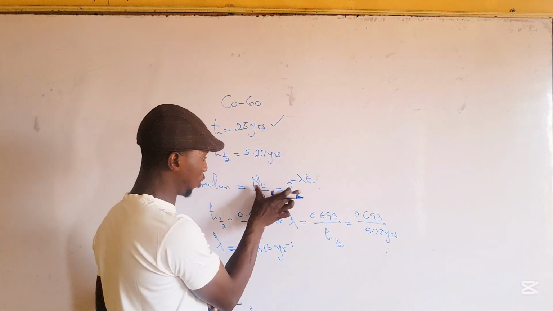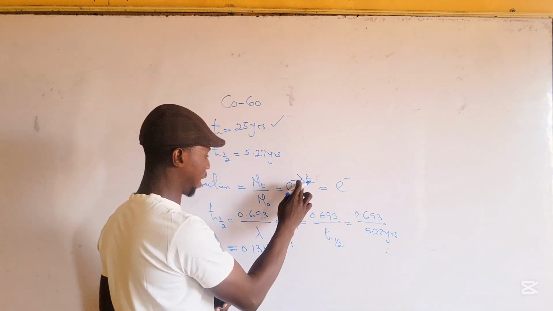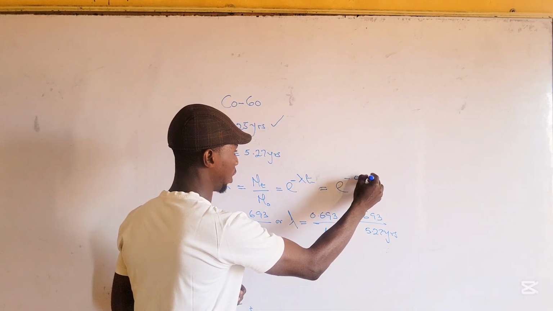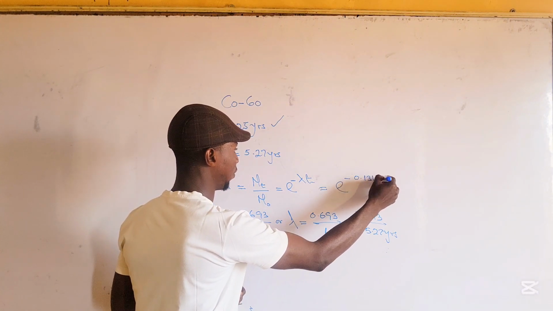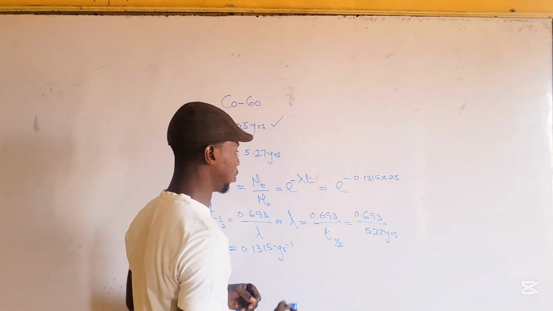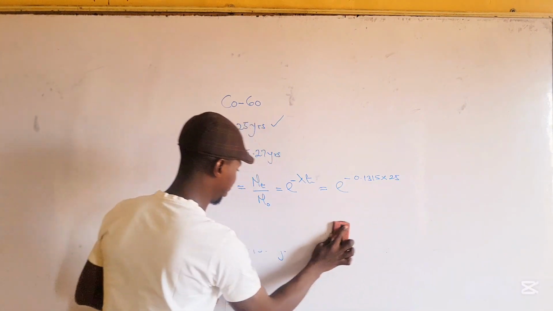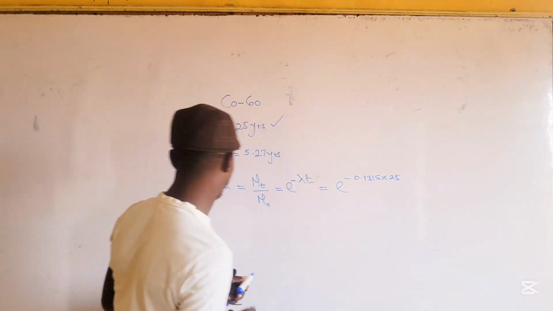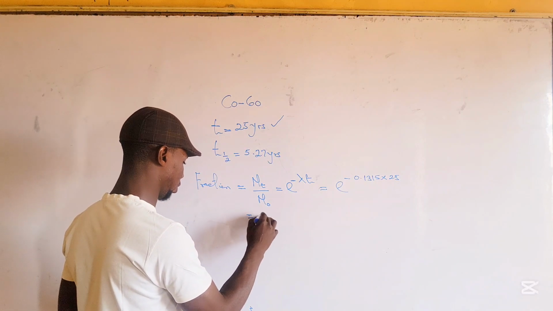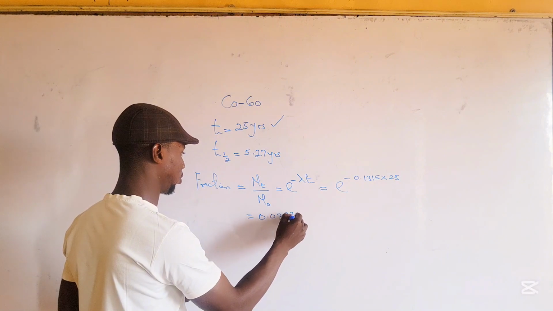So continuing from this place, N_t over N naught is equals to e raised to power minus our lambda, which is already 0.1315, multiplied by our t, which is 25. So what would this give us? We're going to have the fraction now to be equals to 0.03735.